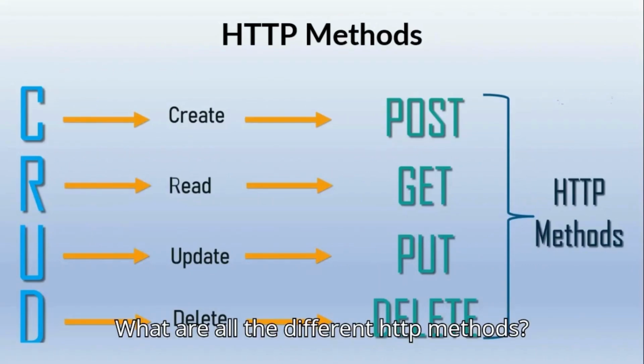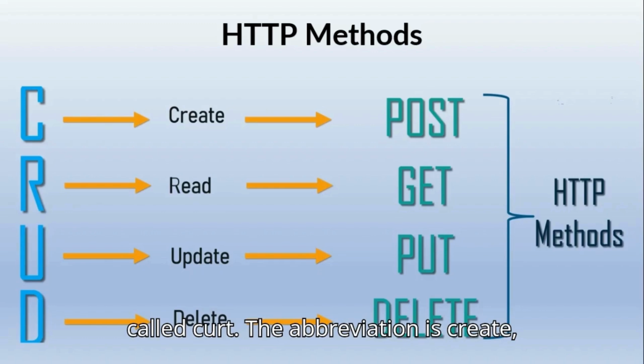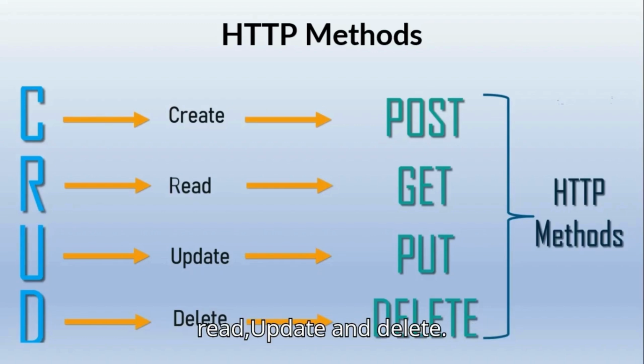What are all the different HTTP methods? We call it CRUD. We can consider it a mnemonic to remember the methods that we frequently use in HTTP. The abbreviation is create, read, update, and delete.